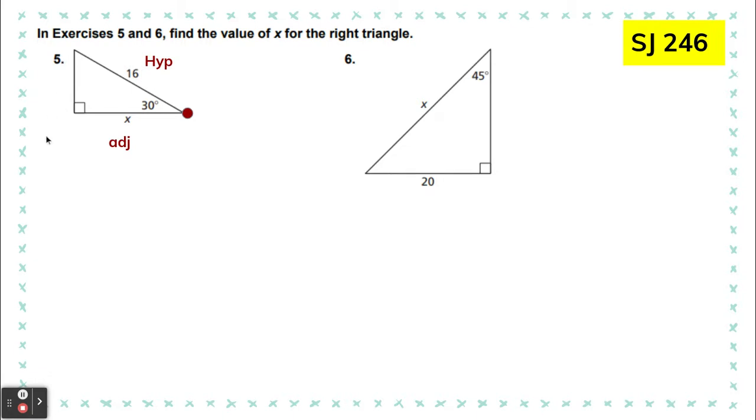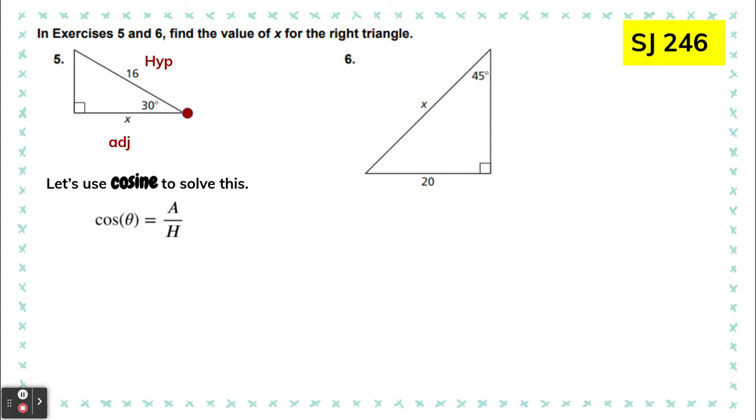If you look at sine, cosine, and tangent, you want to see which of those use hypotenuse and adjacent together. So if you write SOH CAH TOA, you would see adjacent over hypotenuse is cosine. So we're going to use cosine to solve this.